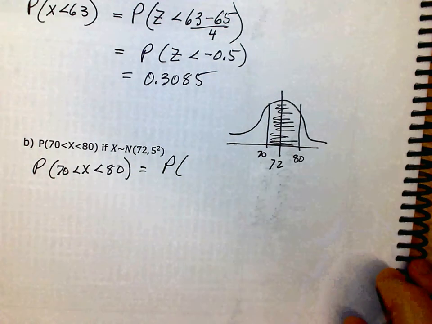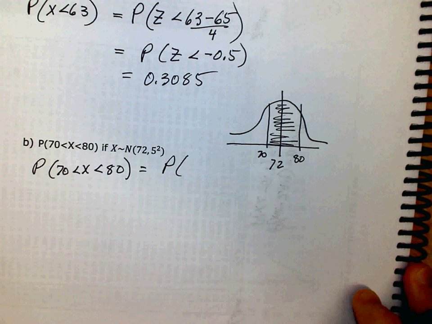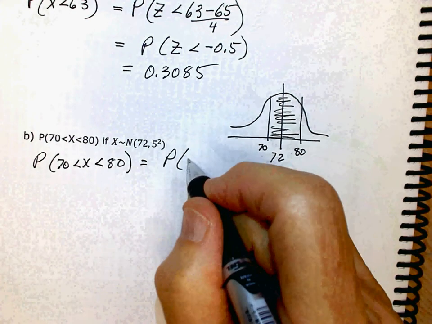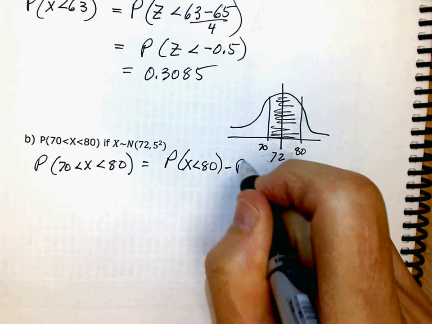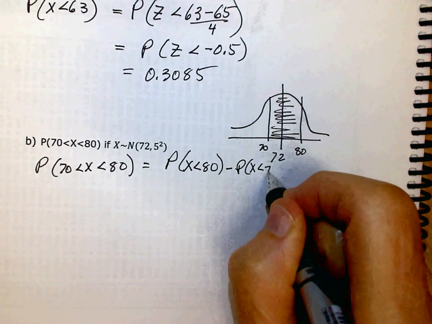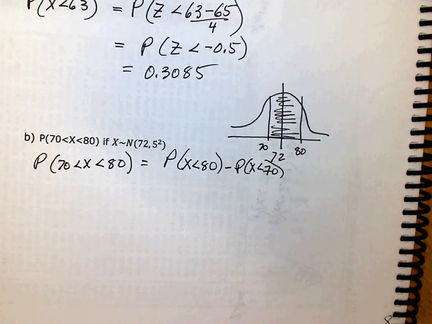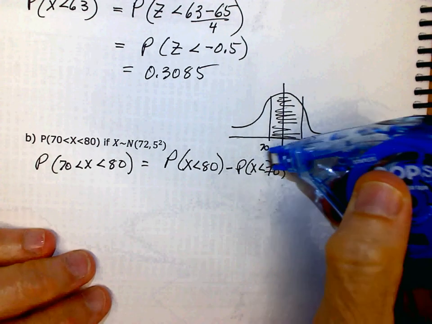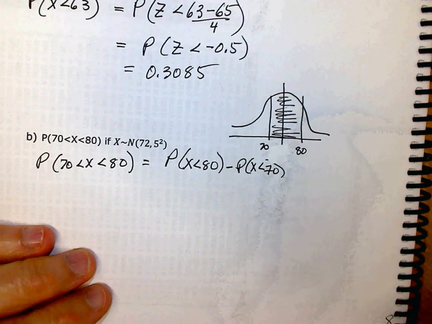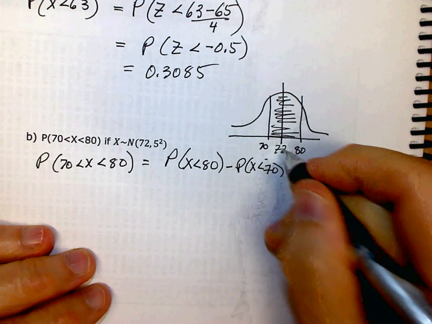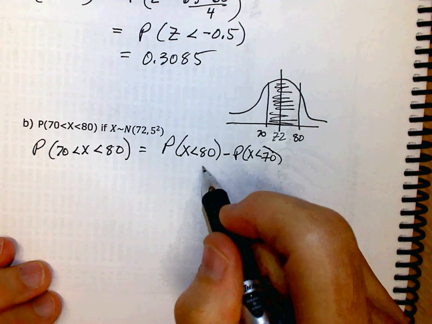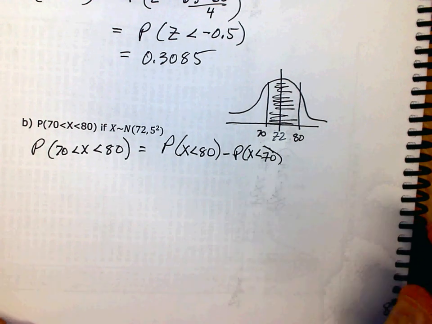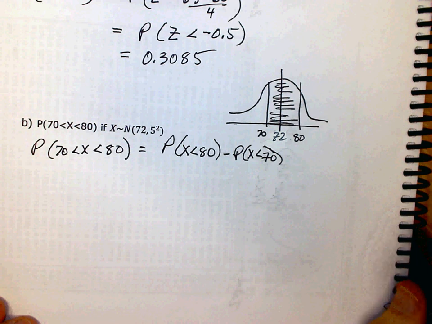This is the probability x is less than 80 minus the probability x is less than 70.